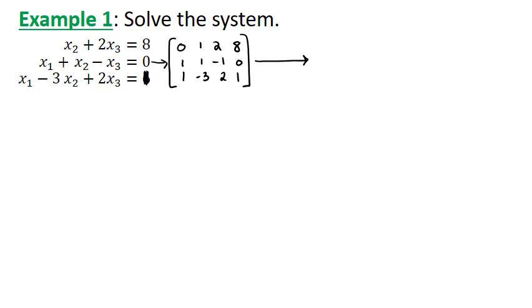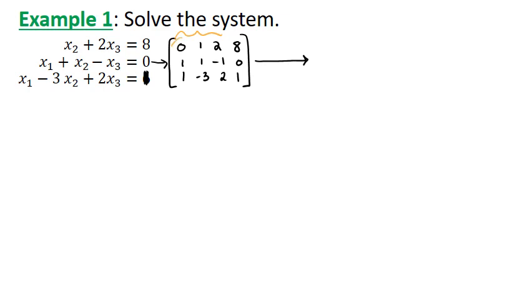The way we do that is we try to have these entries be zeros and ones only. And it takes a lot of manipulating in order to achieve that. So that's when we use those three different operations.